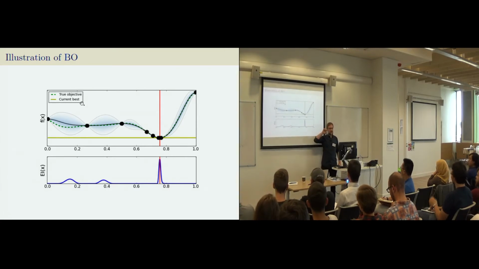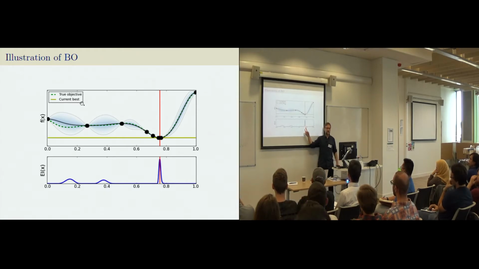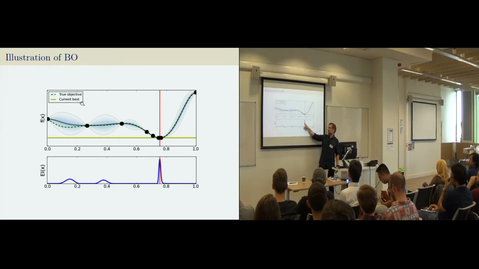When you are at the end of the optimization, if you have done well, you expect the optimum to be close to something that you have already observed. So you expect the acquisition function to have accumulated some mass in that region. So if you start optimizing from here, you are going to hit somewhere there.